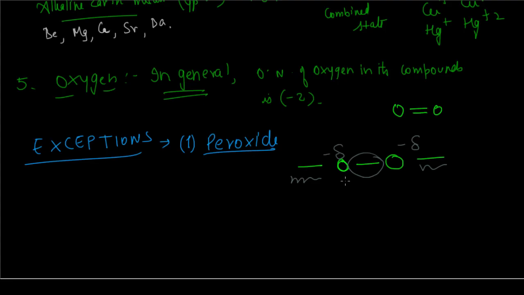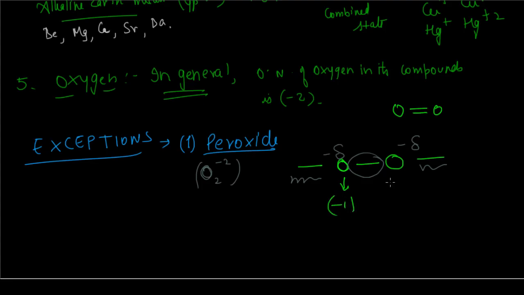So they each gain one partial negative charge unit from their other bonds if the bond is polar. In this case, we basically get O2 2-. We get 2 oxygen atoms with a total charge of -2 units. So each oxygen atom gets an oxidation number of -2.